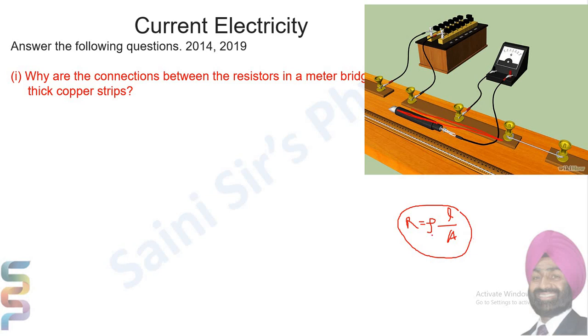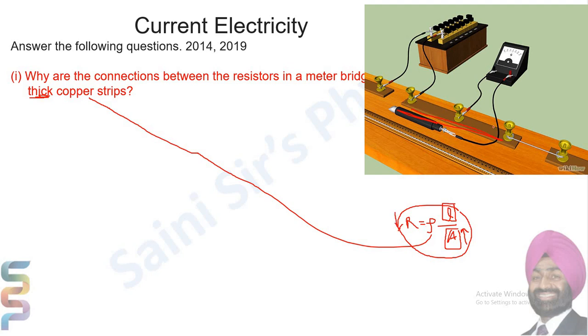How? We have taken copper. Copper means resistivity would be very small. Length is beyond our control, length is whatever length is there. And we have increased the area by increasing the thickness. If area is increased, that means resistance decreases.